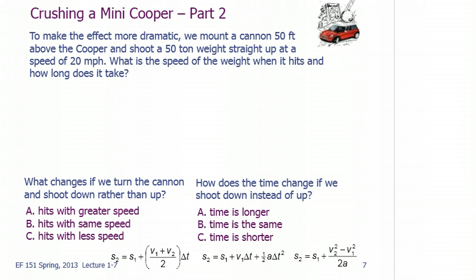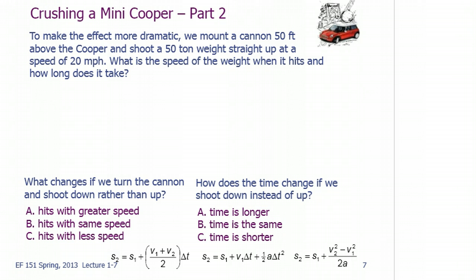Alright, so the only thing we're changing from our previous problem here is we're going to shoot the cannon up and down rather than just dropping it. We're also going to make the weight bigger. I did not mention last time, but hopefully you noticed we did not use the weight.